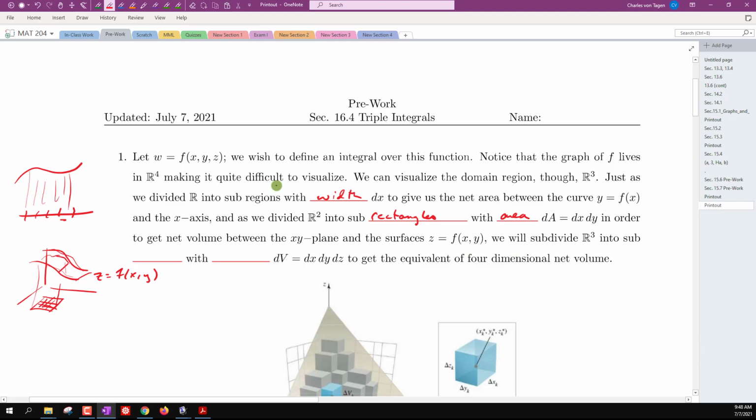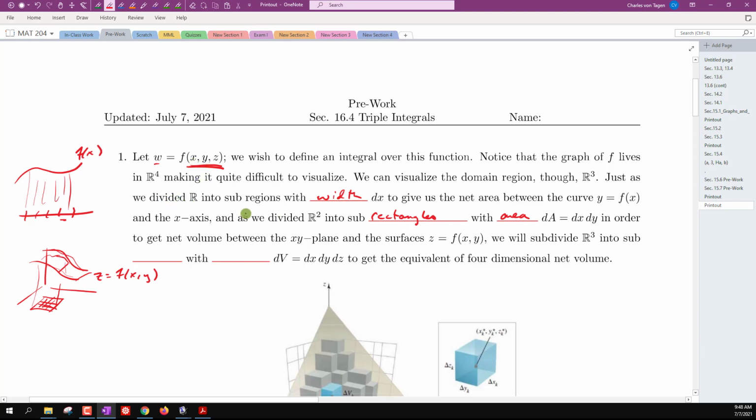So what are we going to do now? Now we're moving on. This was just a function of one variable. Now we're going to have functions of three variables. At this point, it actually becomes too difficult to try to visualize what we're doing, and we need to trust the process that we've built in order to work with these triple integrals. So we have w as a function of three variables, f of x, y, z.